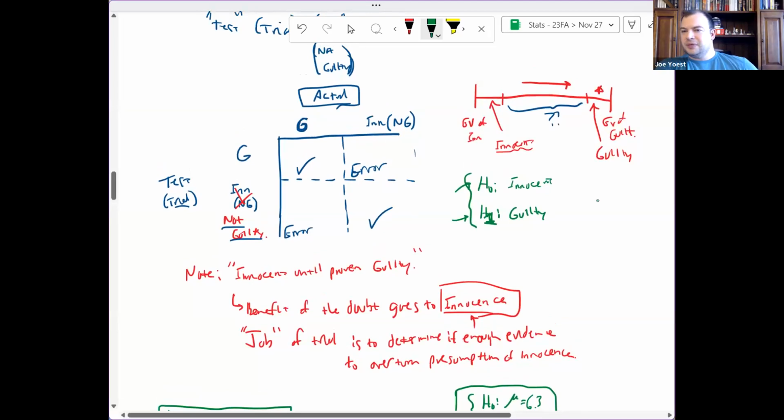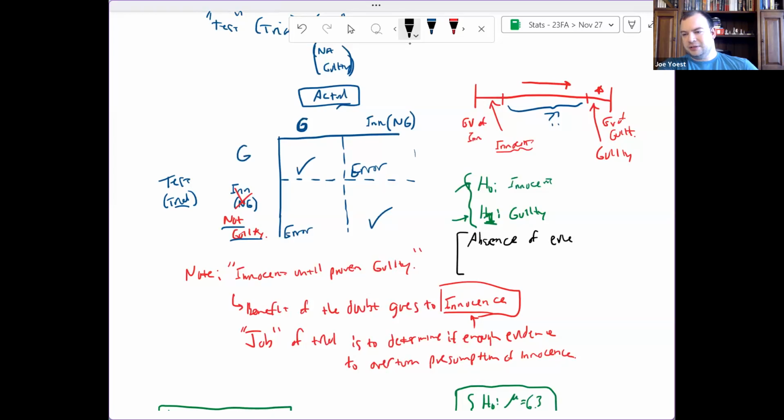Okay. And there's one last little point that I want to make. There's this saying, related to what I just said: absence of evidence is not evidence of absence.